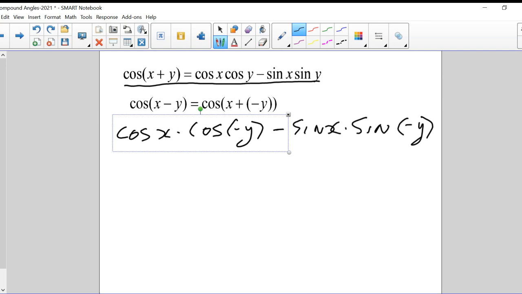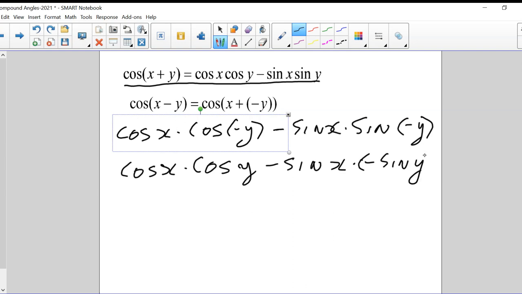Okay, so this one here, remember, is just going to be the cos of x dot the cos of y, because putting a minus into cos doesn't change it at all, minus the sine of x. Remember, sine of minus y is going to be the same thing as times the minus sine of y. That's what an odd function does when you put a minus into it.